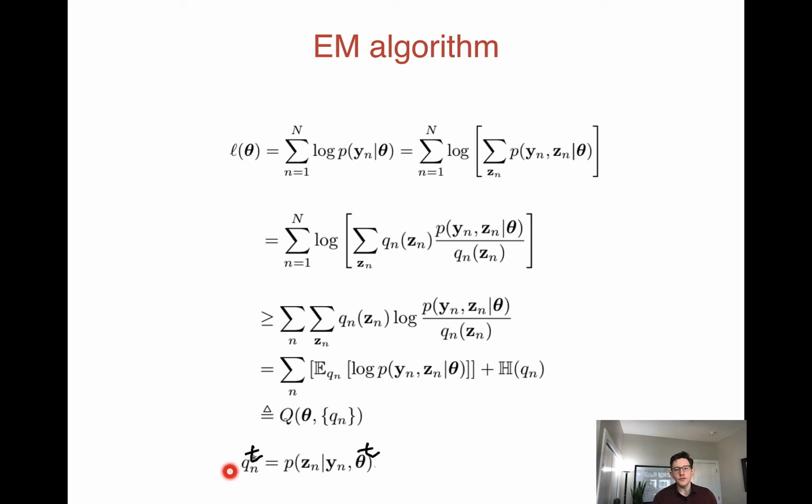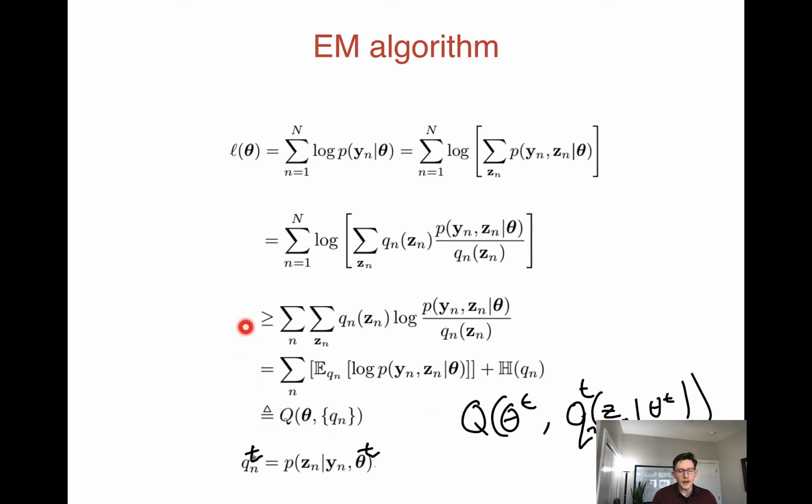It turns out that if you define q of n like this, then big Q of theta t, q of z given theta t, I'm putting the theta t here just to make it explicit, that thing turns out to equal L of theta.